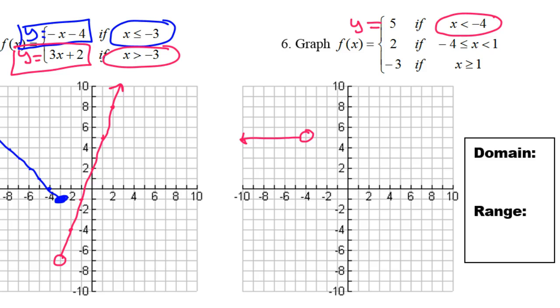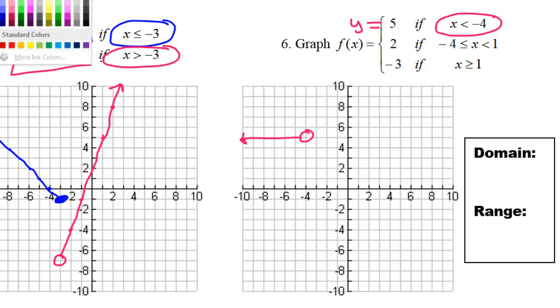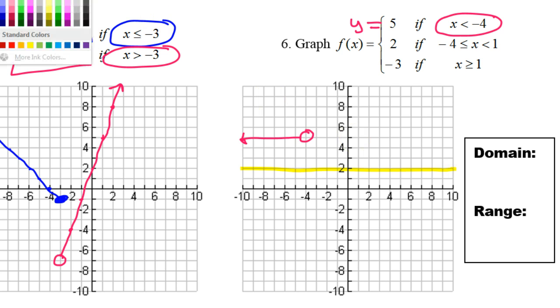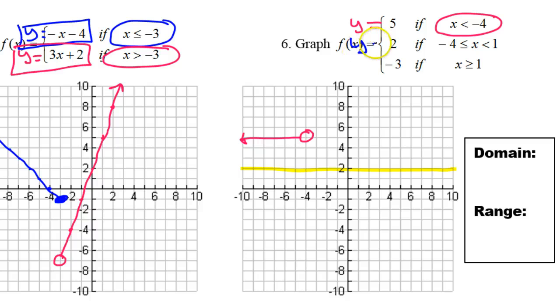The second piece. Okay, if we have y equals 2, that would be a horizontal line at 2. Now, this means between.